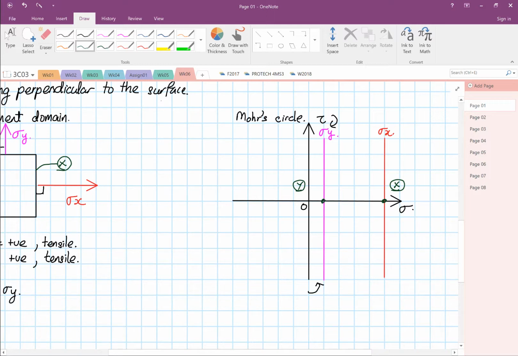Okay, and then I'm going to introduce you to a new term, and this is your point O. Point O is the center of the circle.